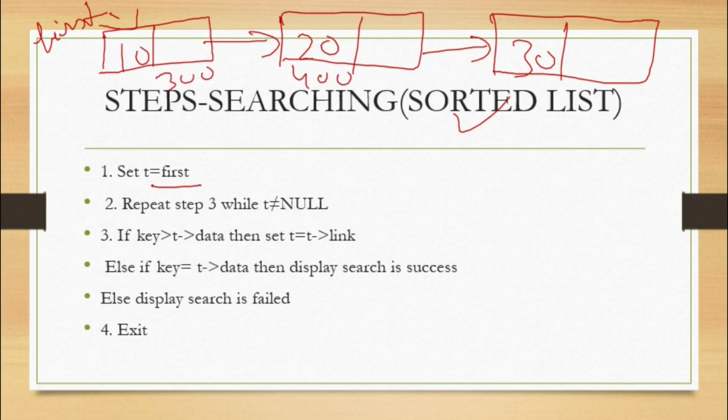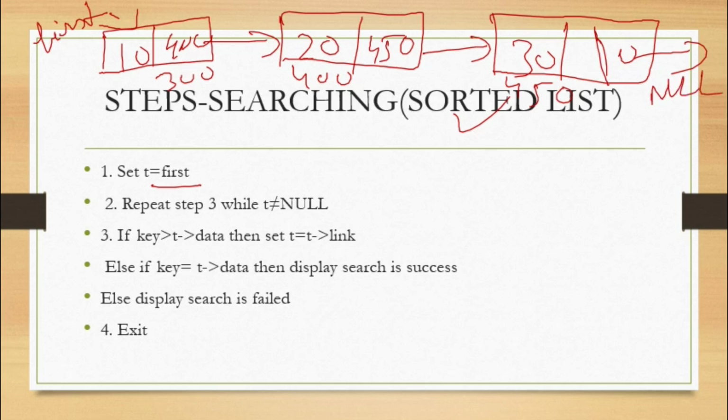It can be anything, students. Remember, it's not stored continuously, I told you in the previous video also. So this address will be here, say 450. That is how it's stored. Here you don't have anything, so it will be null.